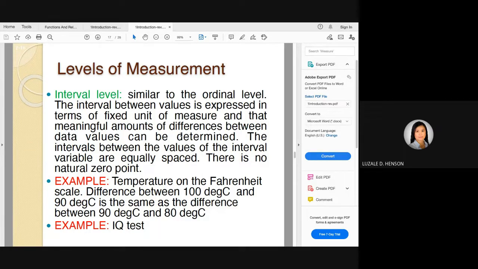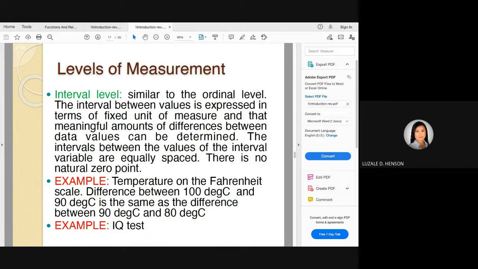Ang interval level, class, is yung mga values are equally spaced. Such as when you count, I'm not going to count na 1, 1.5, no. When you count, like for example, number of students in a class, I will count 1, 2, 3, 4, 5. So yung distance ng dalawang counts are equally spaced. Wala siyang natural 0 point.